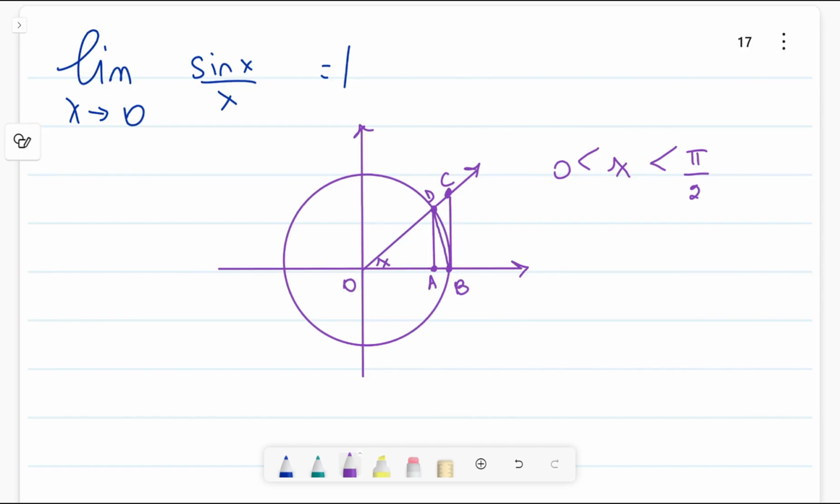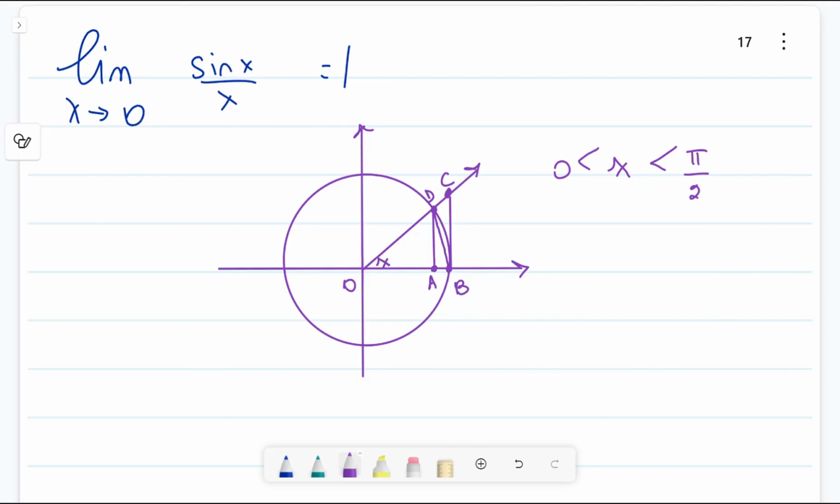So we have this figure in front of us. Basically what is happening is we have this circle, we have x an angle, x is between 0 and pi over 2, because if x was 0 it would be here and pi over 2 would be up here, so x is in between.